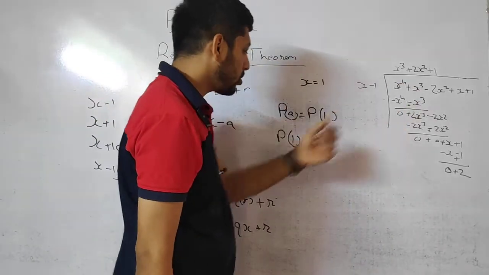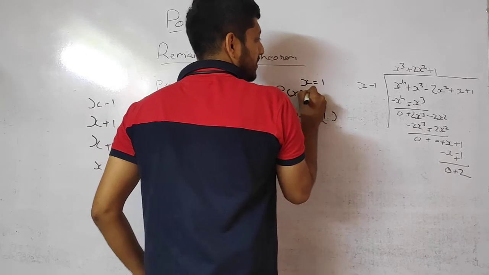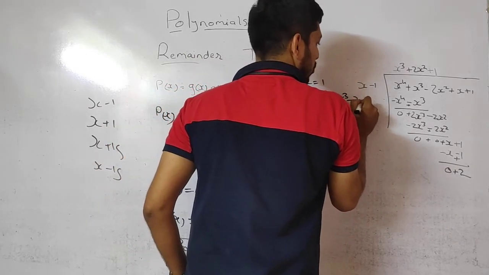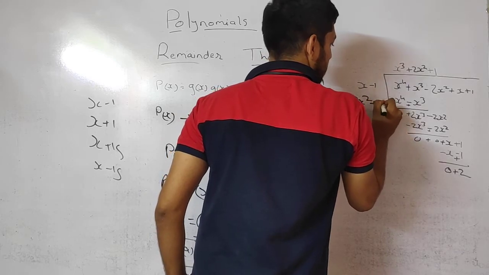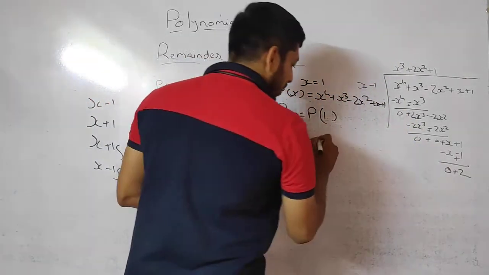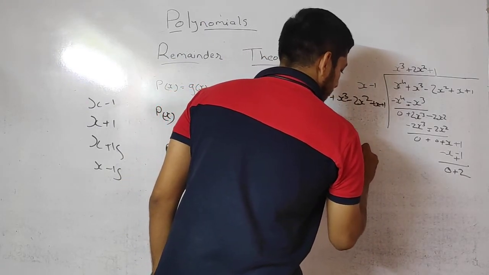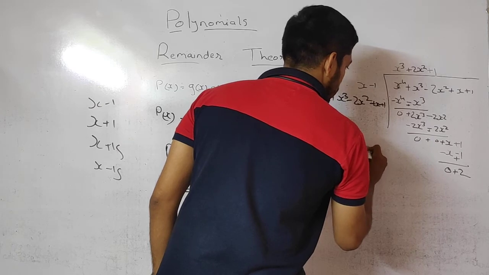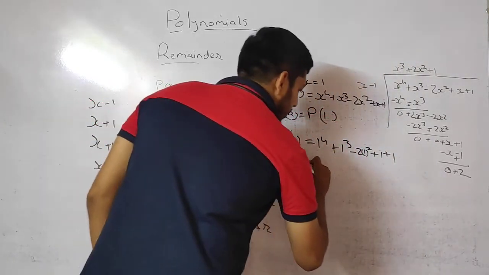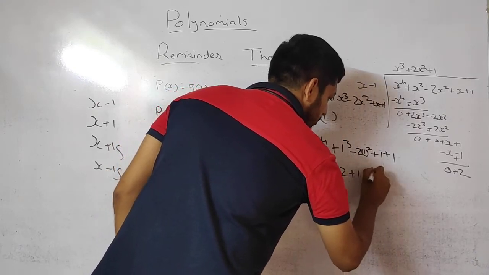Suppose I write this polynomial as p of x is equals to x raised to 4 plus x cube minus 2x square plus x plus 1. So p of 1 will be equal to 1 raised to 4 plus 1 raised to 3 minus 2 into 1 raised to 2 plus 1 plus 1, which will be equal to 1 plus 1 minus 2 plus 1 plus 1.